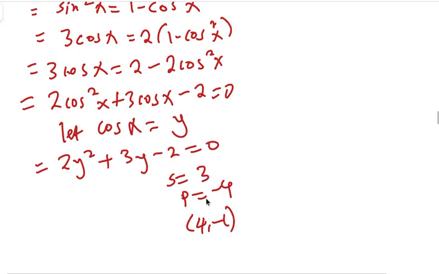So multiplying gives negative 4, adding gives 3. So here it should give you something like this: 2y squared plus 4y minus 2y minus 2 equal to 0.